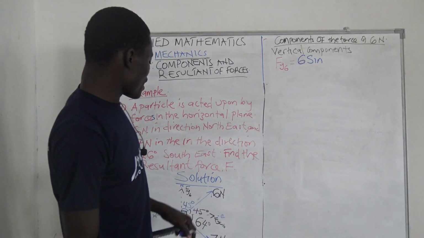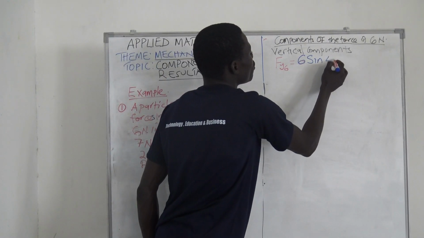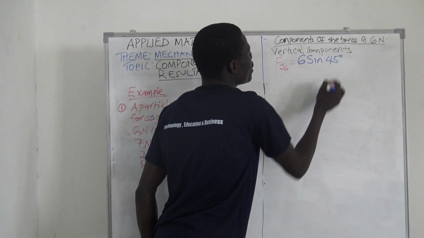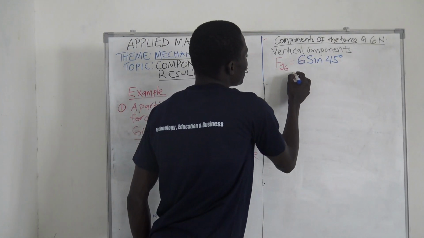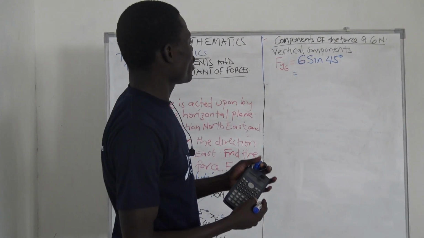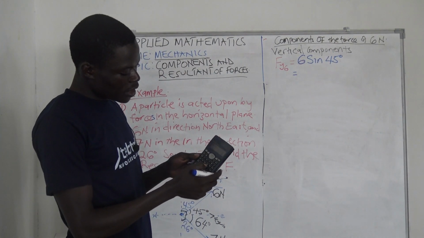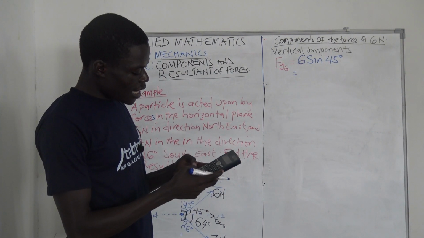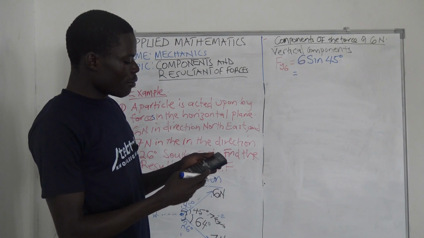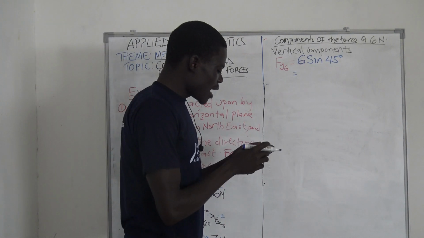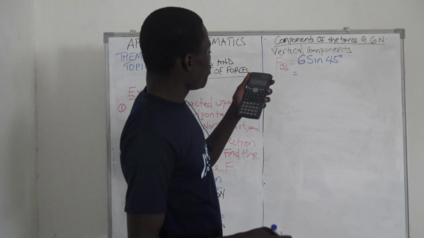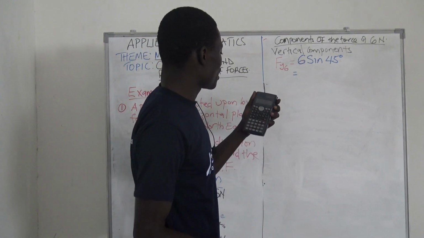What is sine of this angle? This sine is 45 degrees. So here we get the answer of our vertical component. So use your calculator, press 6, then times, you put sine, and then you put 45. You must make sure that your calculator is in degrees, not radians.